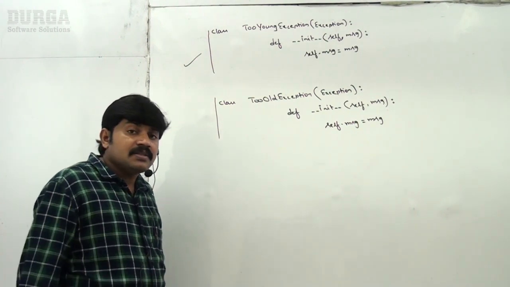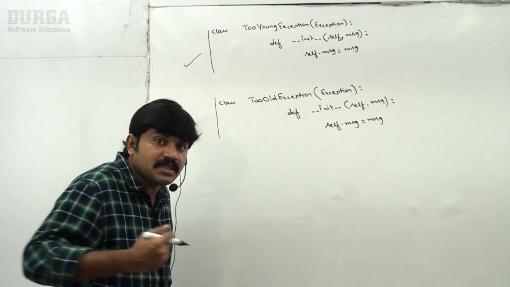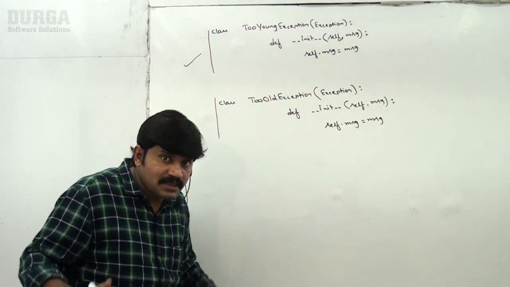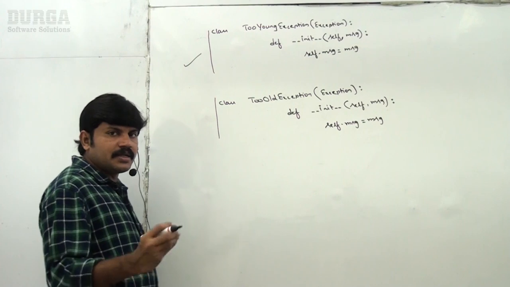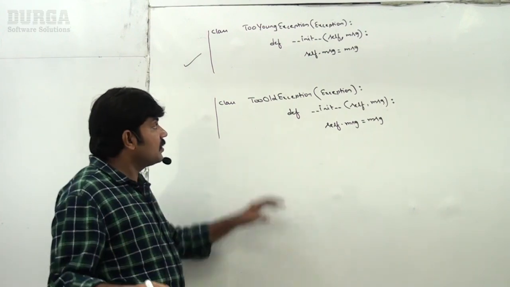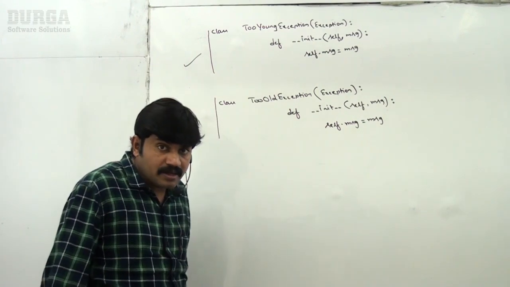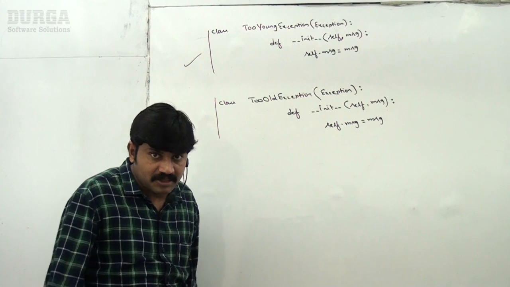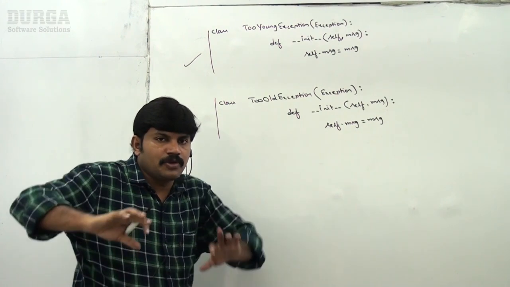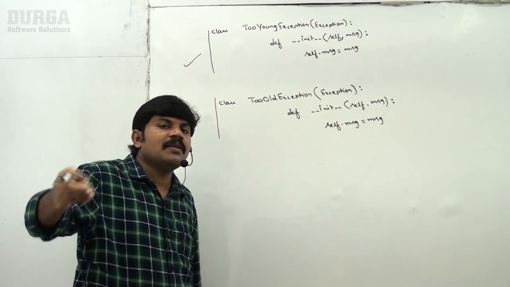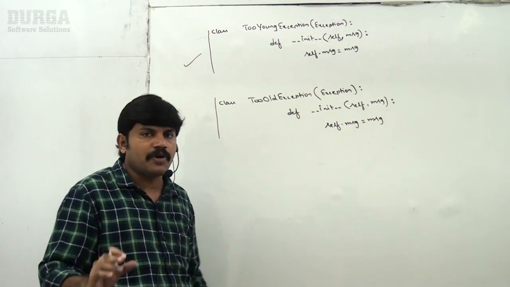Now, how you can use these exceptions and how you can raise them, let me talk about this. Here, read_age. I'm taking this one related to a matrimonial application. The end user is responsible for entering the age. Based on his age, I have to provide a proper response.